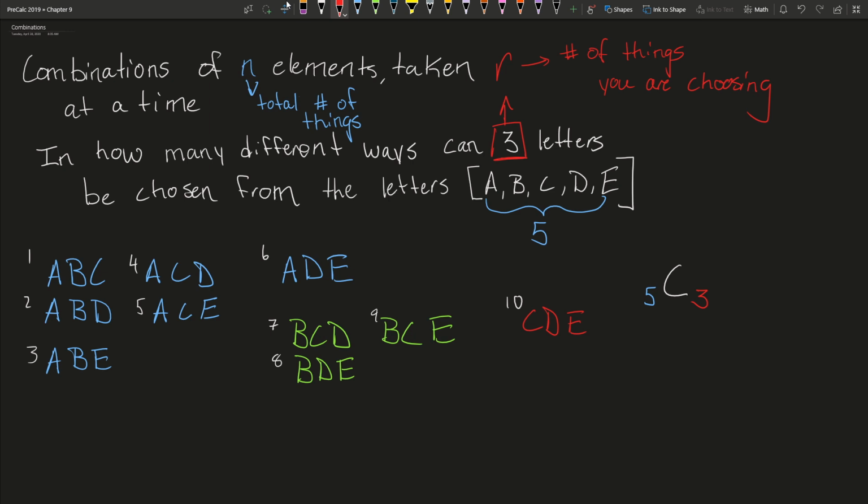Mathematically we can say 5 choose 3. That's how we're going to talk about things like this.